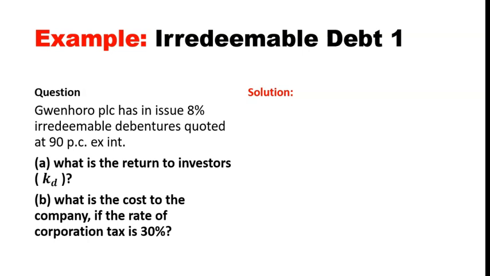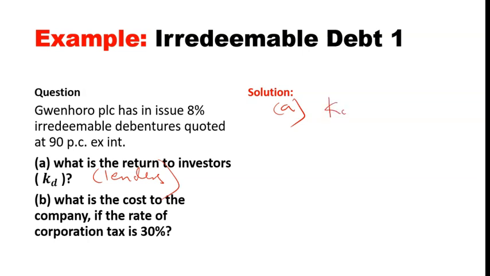So for this company, for A, we have to determine the cost to the investor. In this case, the investors are the ones who have lent us money. They are the lenders. So they don't enjoy the tax benefit. So the KD is not adjusted for tax.